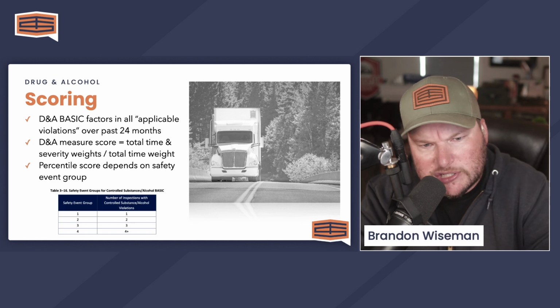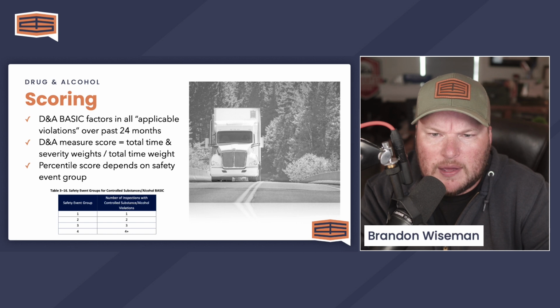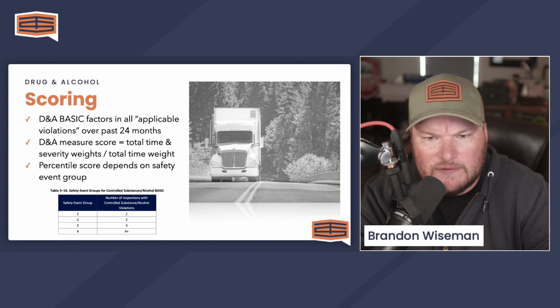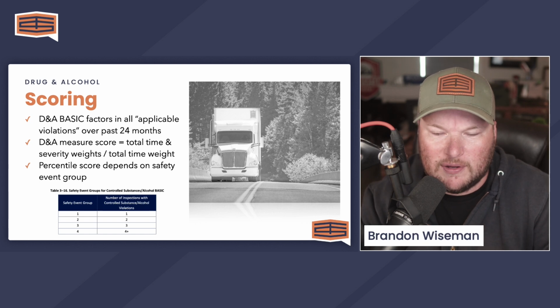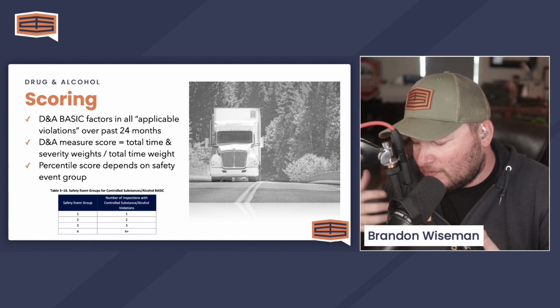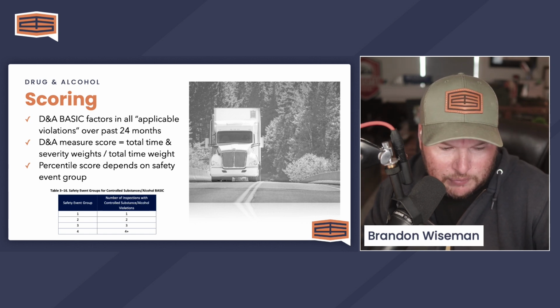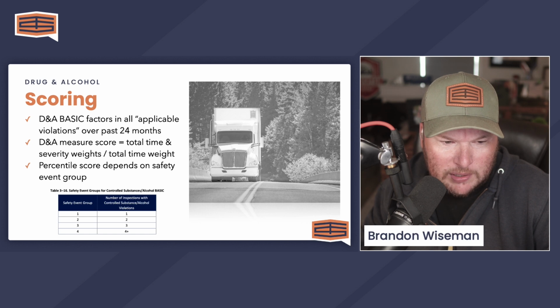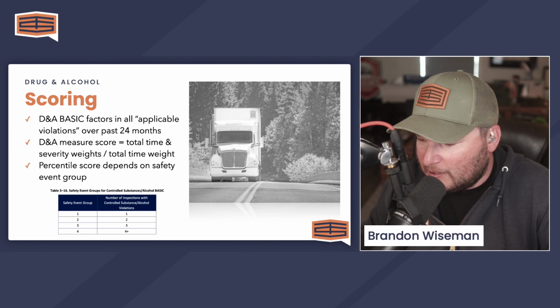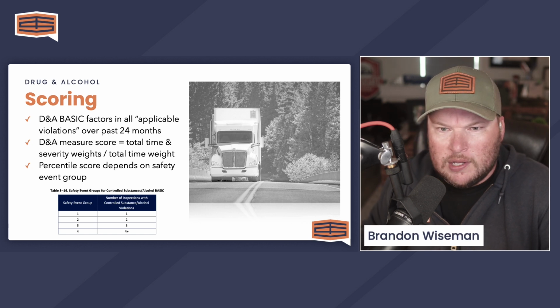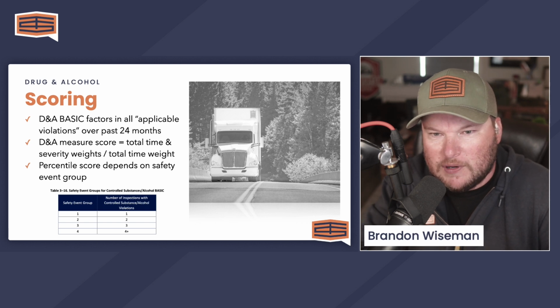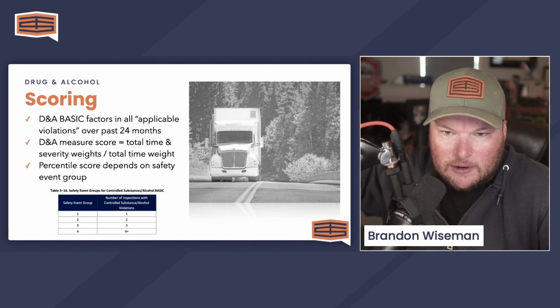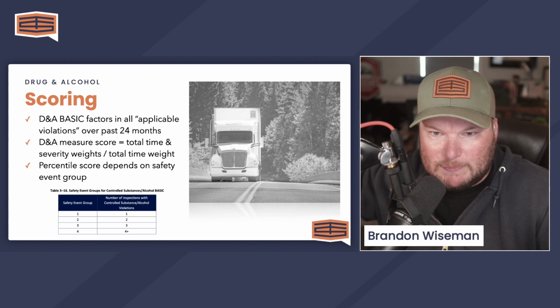I mentioned earlier this concept of safety event groups. It's important because that dictates what percentile scale you get placed on. The SMS system, broadly speaking, there would be an inherent unfairness if we were to try and score carriers that have relatively few inspections against carriers that have hundreds of inspections, right?